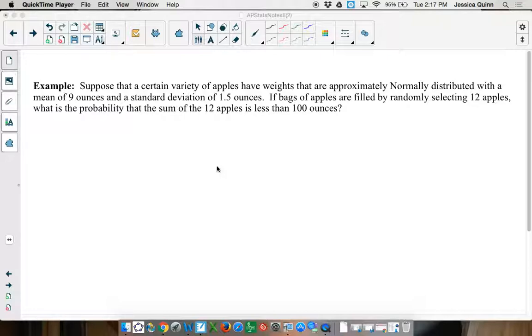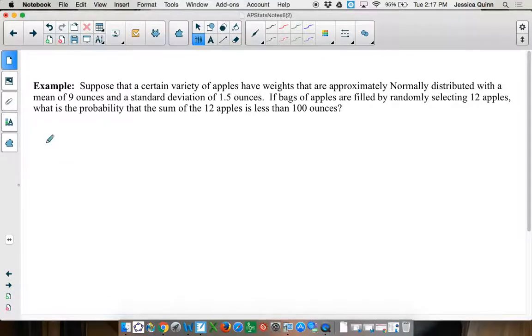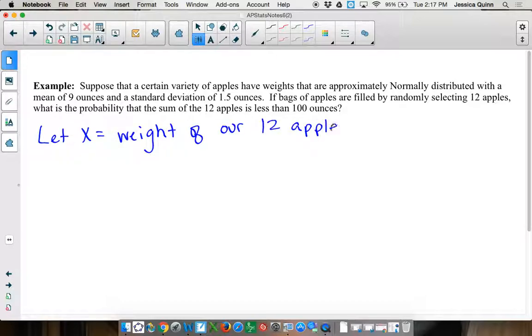Okay, so let's think about this. Let X be the weight of our 12 apples in the bag, so all the apples in that bag together. We have some randomly selected apples, 12 in a bag. So we could talk about X sub 1, the weight of the first apple.